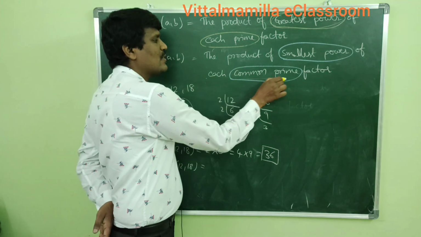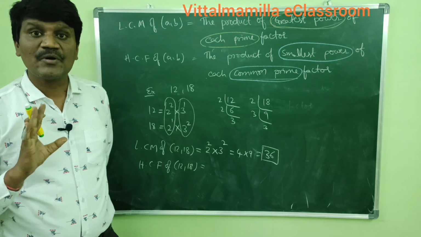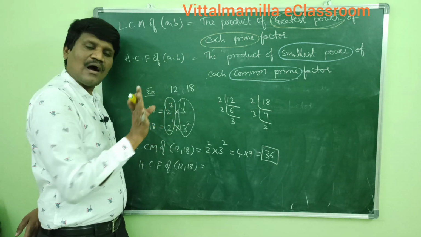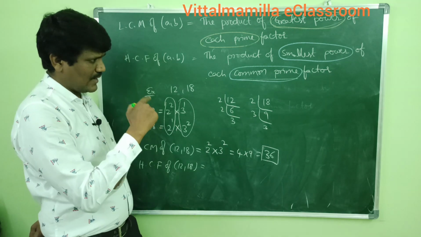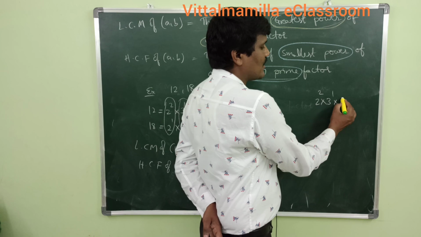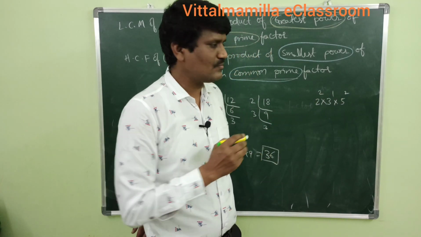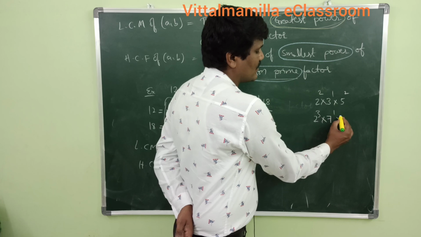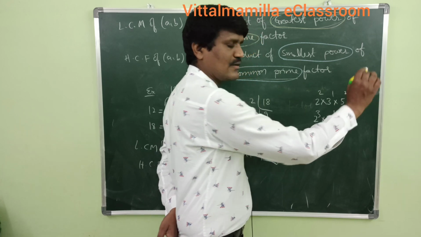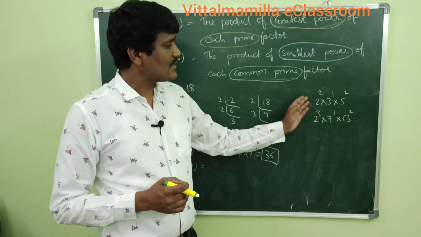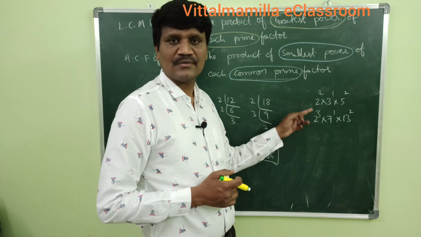Here the common prime. Common prime is nothing but the numbers that should be common to both. Suppose we are having a number like 2 square into 3 power 1 into 5 square, and the next 2 power 3 into 7 power 1 into 13 square. If numbers are like this, what are the common primes in both?